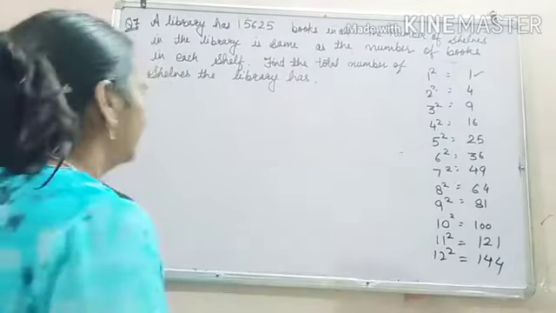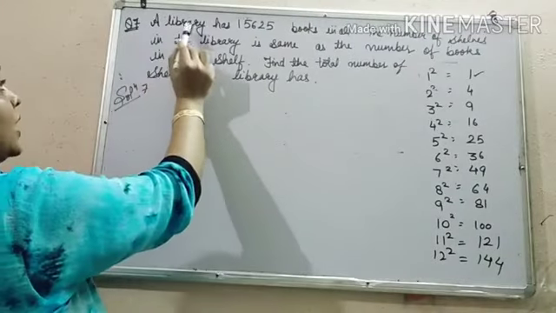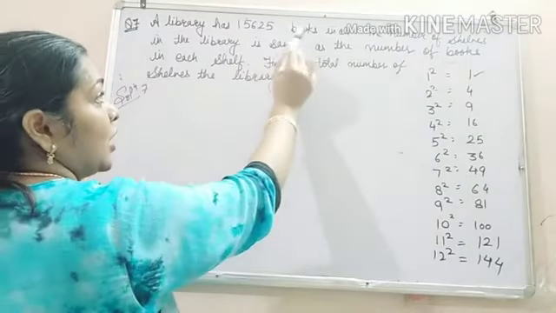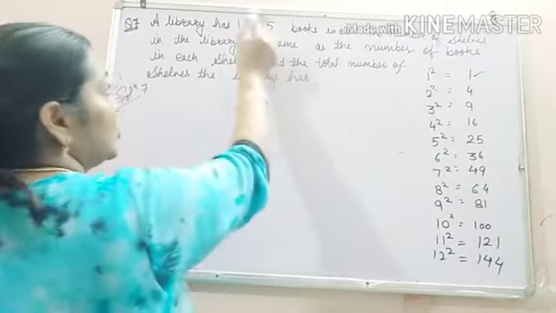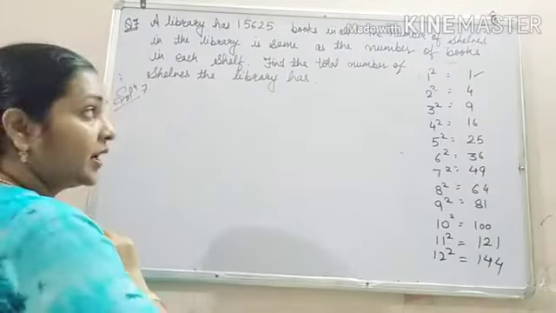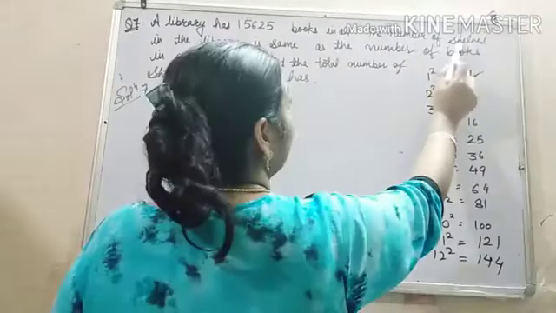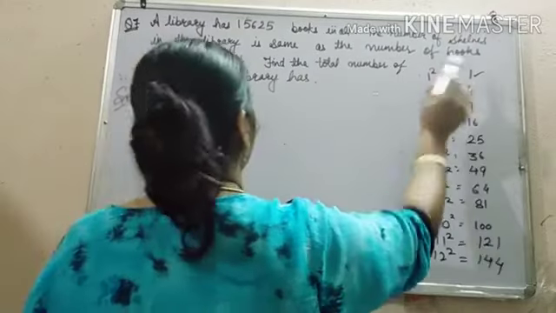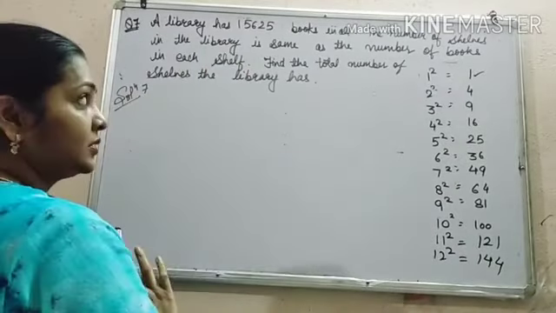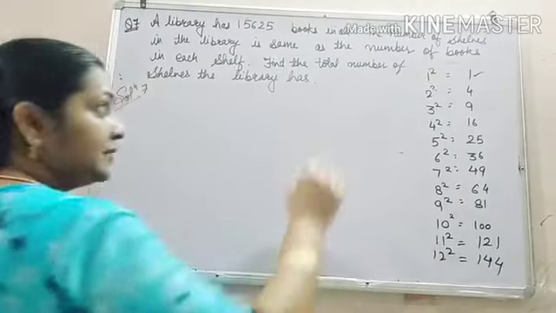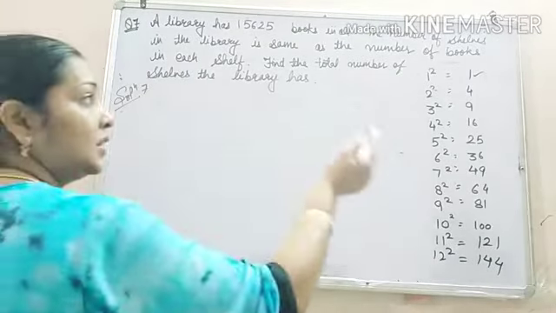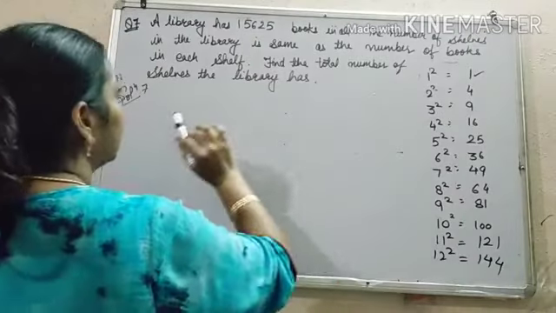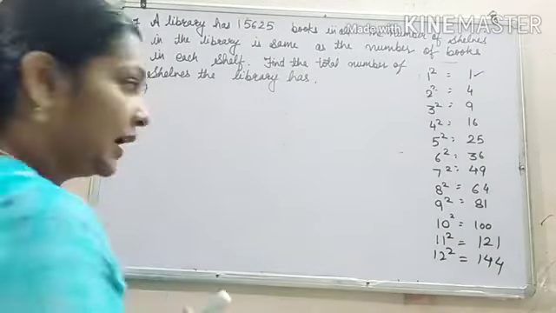In problem 7, it is given that a library has 15,625 books in all. The number of cells in the library is same as the number of books in each cell. Means the cells are same in number as the number of books in each cell. Find the total number of cells the library has.